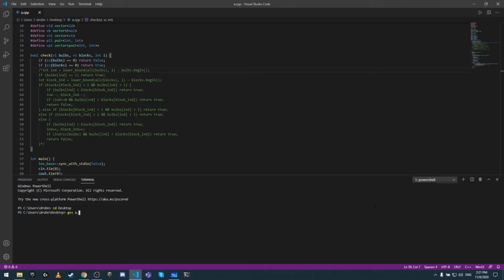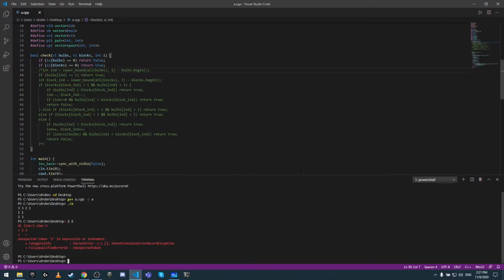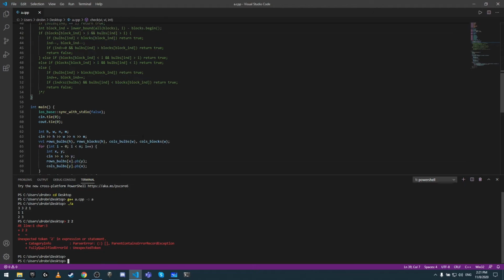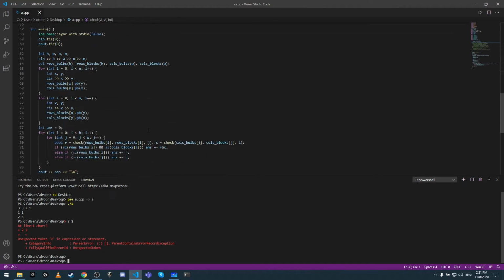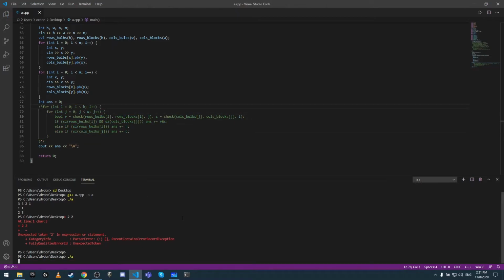Okay, so last time I couldn't call it up. Now I actually know what that is. Okay, C++.